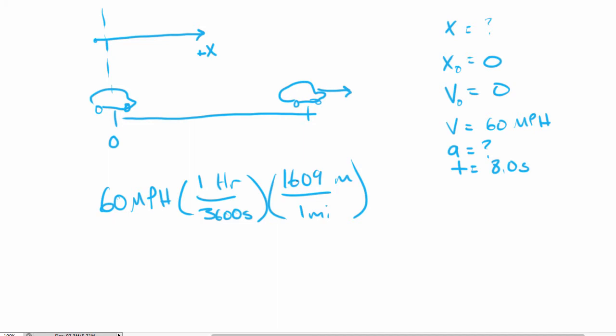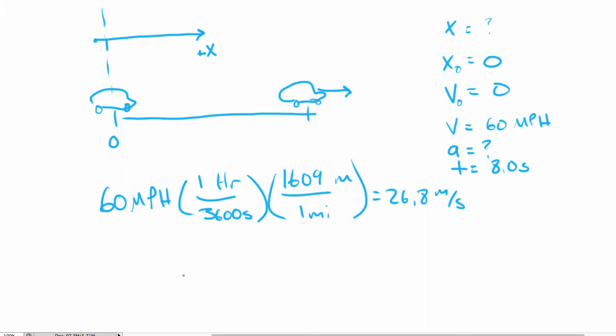So 1609 divided by 3,600, it's about 1/2, give or take. So that's where that factor of 1/2 comes from. But if you actually do that calculation, you'll see it's 26.8 meters per second. Like I said, if you're ballparking it and you don't feel like doing the calculation, not on my exams, mind you, but in general, a factor of 1/2 is pretty close.